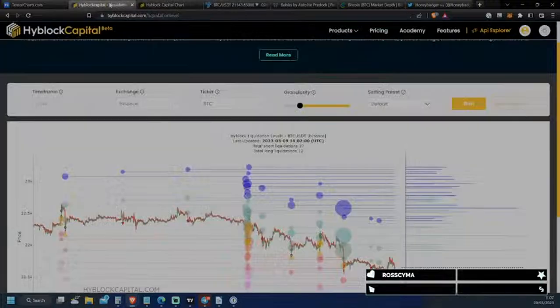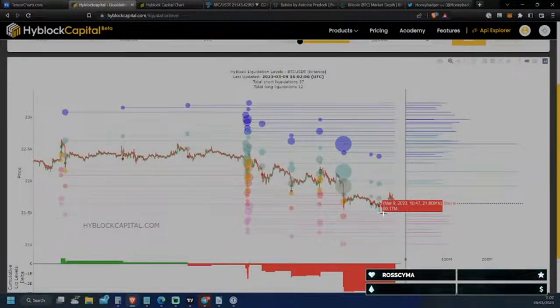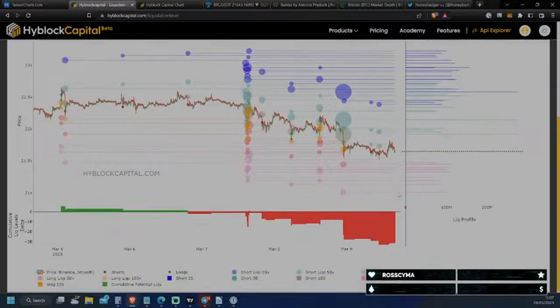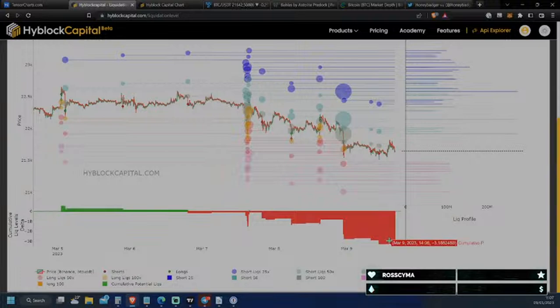Yeah, so obviously, as we can see here, there's a lot of shorting happening down at these lows, and it's creating a liquidity incentive to the upside. Currently our delta is showing negative 3.1 billion, which is quite high.